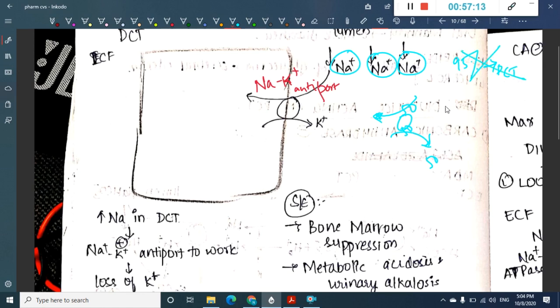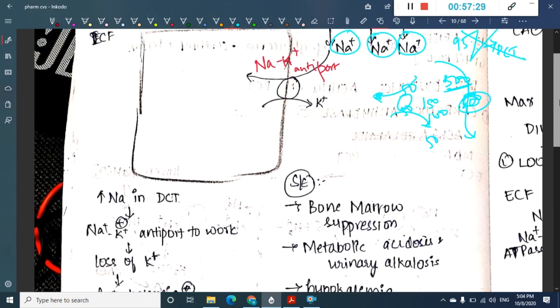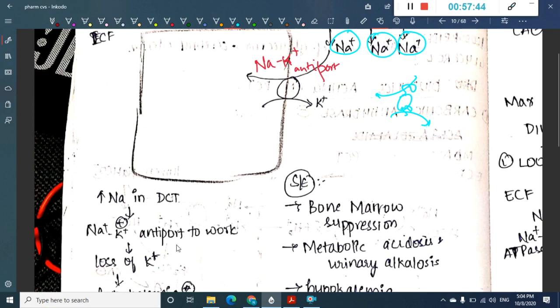So instead of 50, think that 500 sodium has come here. It can increase its capacity to around 150 or 200, but the rest, 300 sodium, is lost. So this will work to its highest capacity, and because of that there is loss of potassium, causing hypokalemia as a side effect of carbonic anhydrase inhibitors.